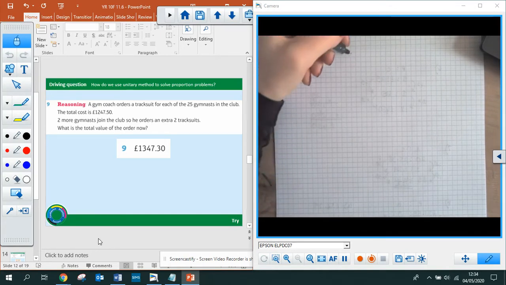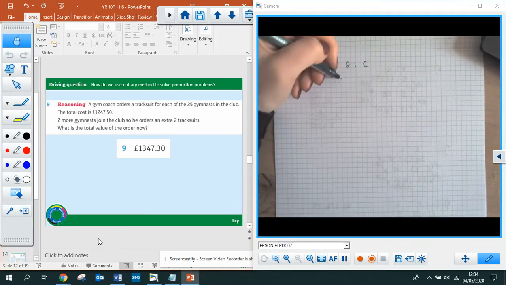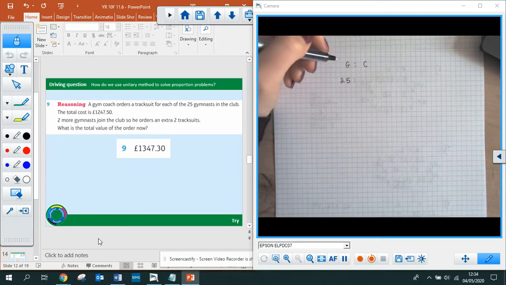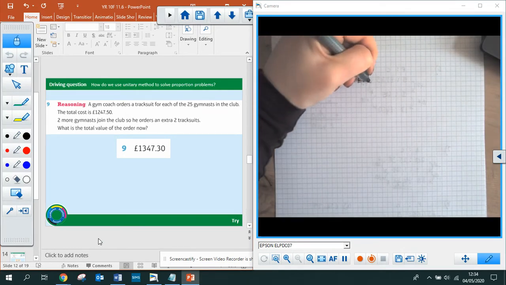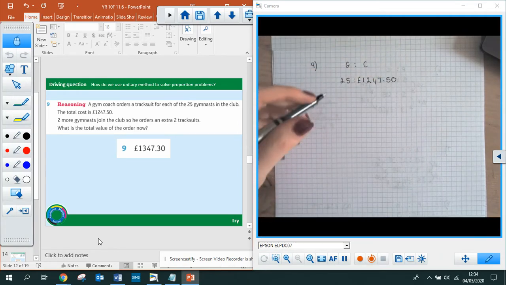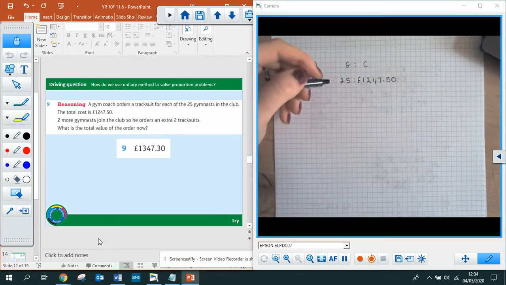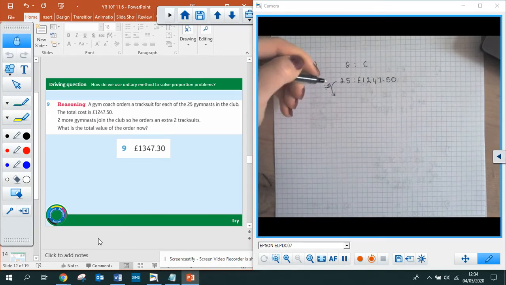Okay, so we're going to do gymnasts to cost. He had 25 gymnasts and it cost £1,247.50. So to work out the cost of one of the tracksuits, we're going to divide by 25.